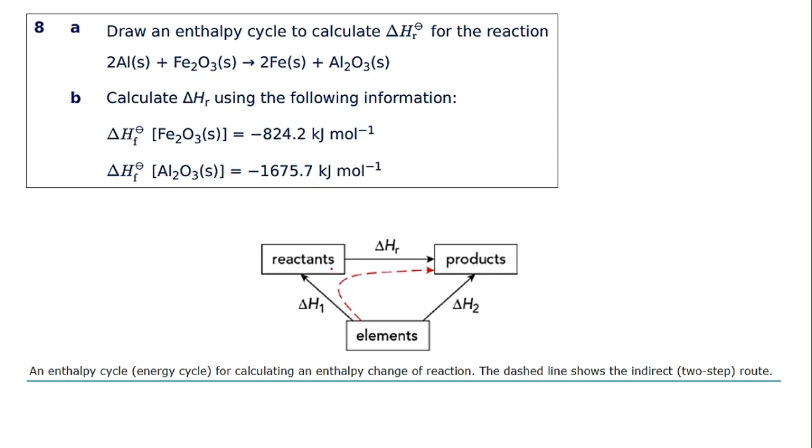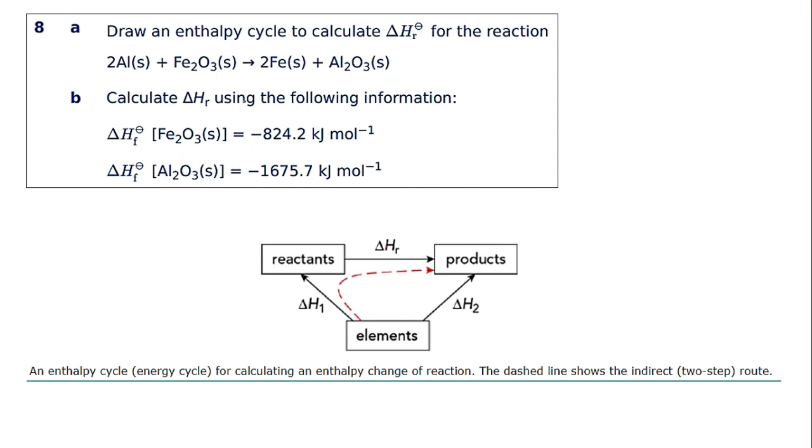So elements towards reactant and then the product, this will be an indirect route. So this will be a two-step method. It is one route, but it has two steps. You will always have a red dotted line here so that you can identify which side is the indirect route. So delta H2 is the direct route, one step, and this is the indirect route having two steps here.